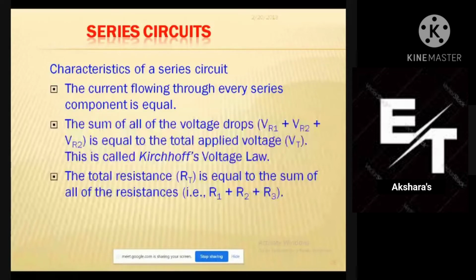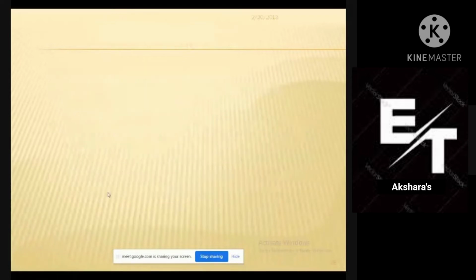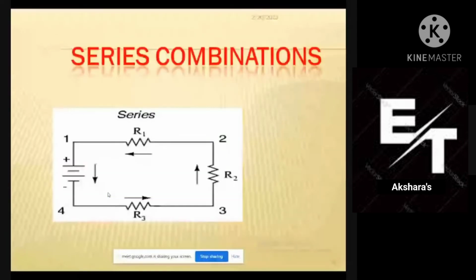Now come to the previous slide. Sir, in between points 1 and 4, we have some voltage. That voltage is called VT, the total voltage.